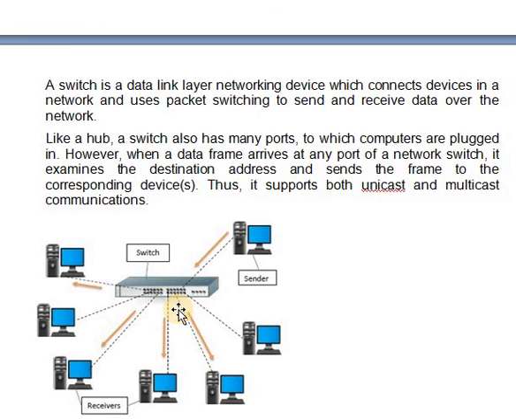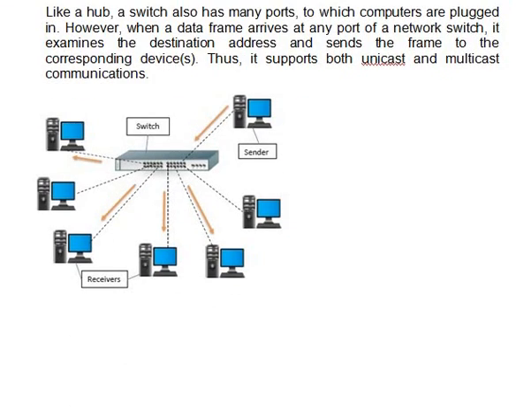Whenever the sender is sending data to a particular receiver within the network, all the computers connected with the switch will not receive the message. Only the intended node will receive the message. Why? Because a switch is more intelligent than a hub, because it filters the address of the receiver.